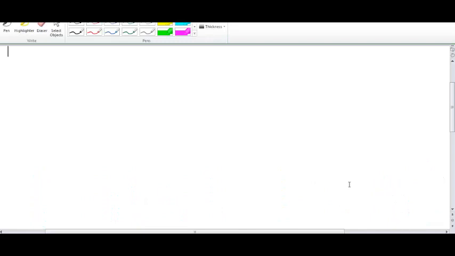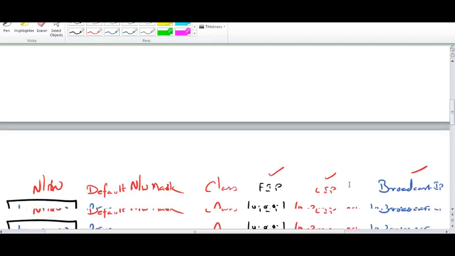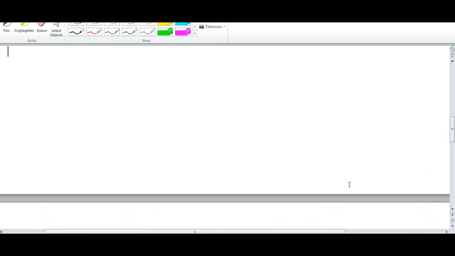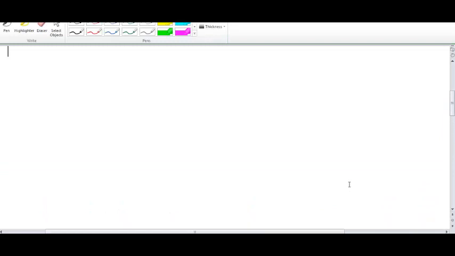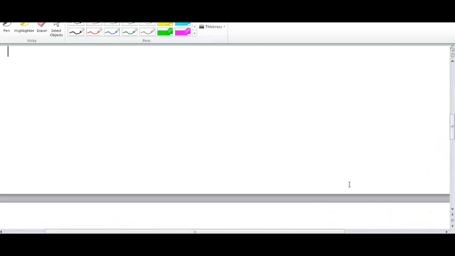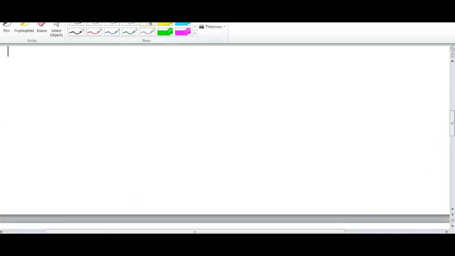Now, you see, 172.0.0.0. Even though I don't write the subnet mask, you know the number of bits given for network is 16.